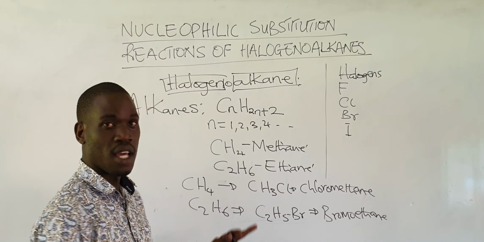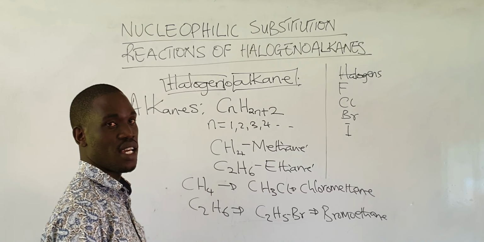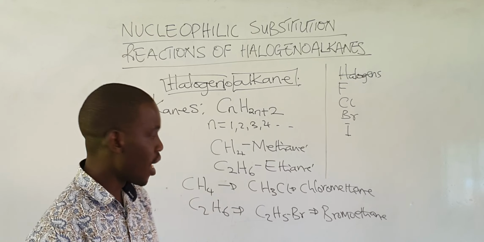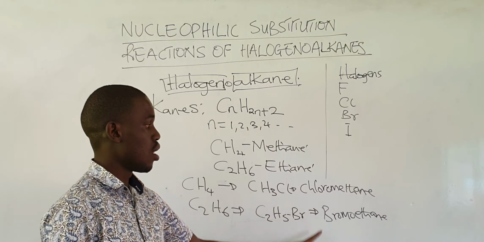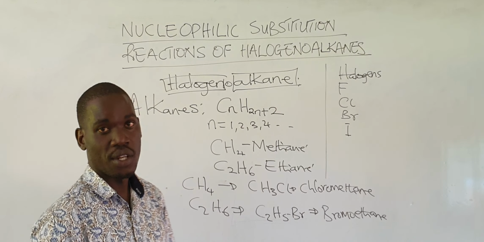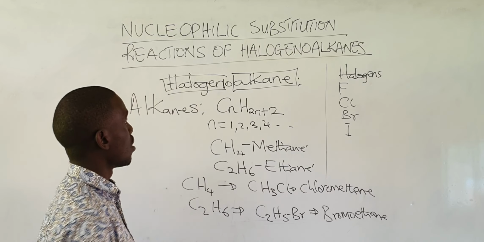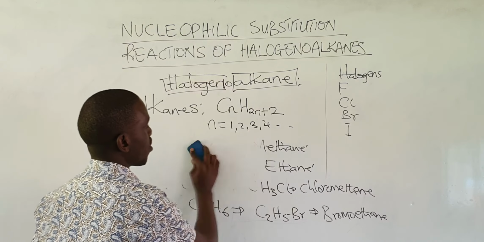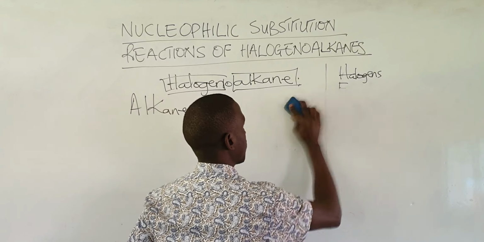So a halogenoalkane is a combination of the alkane and a halogen. This is how we get a halogenoalkane.